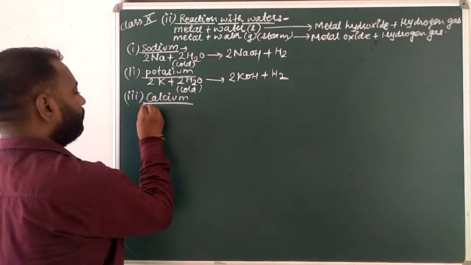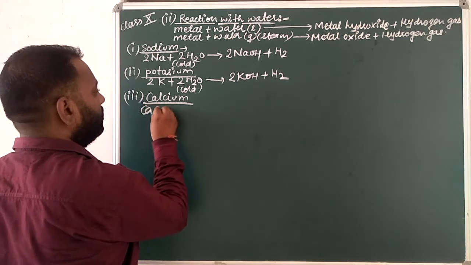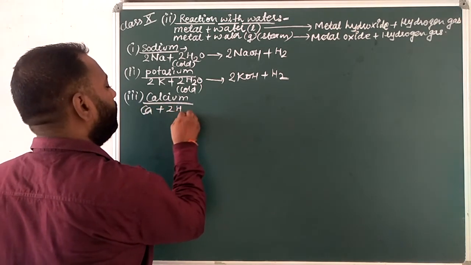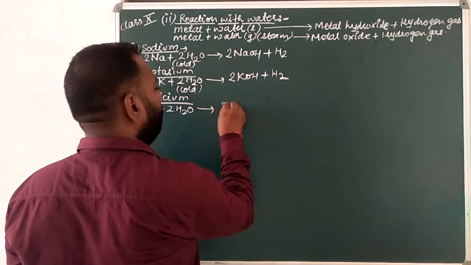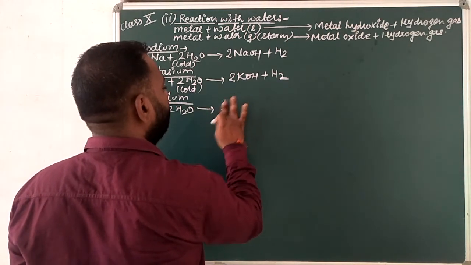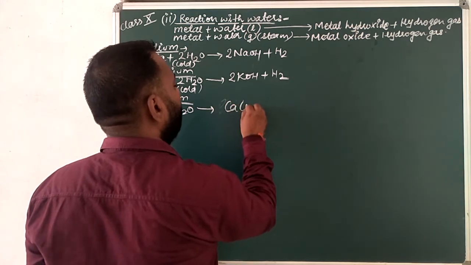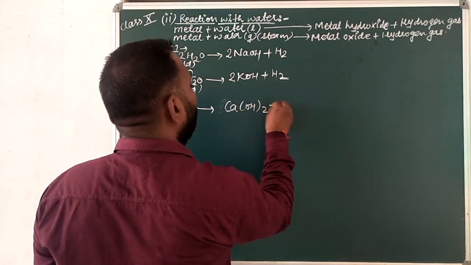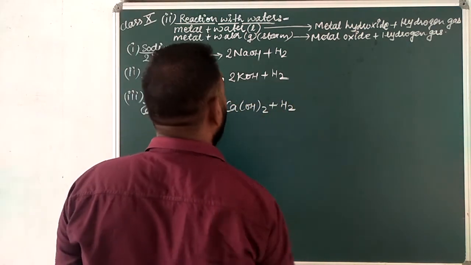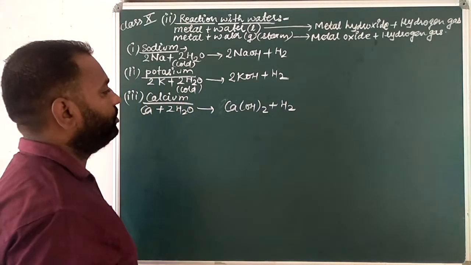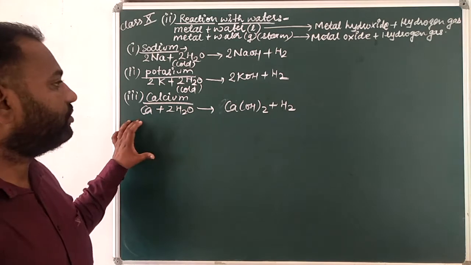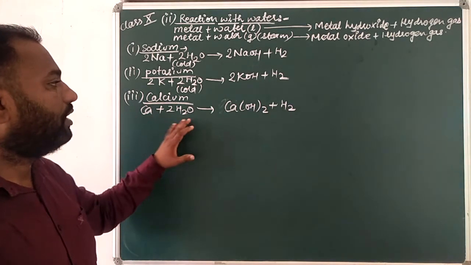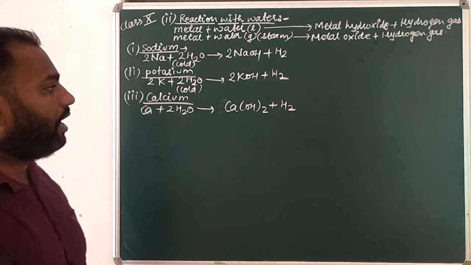For calcium: Ca plus 2H2O gives calcium hydroxide plus H2. So when calcium reacts with water, calcium hydroxide is formed.